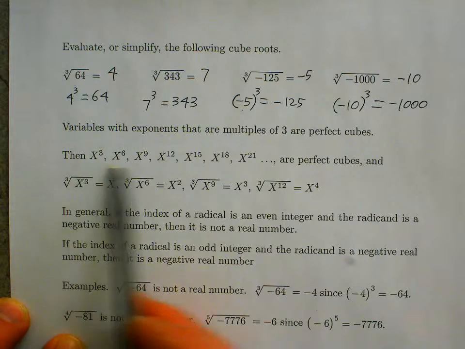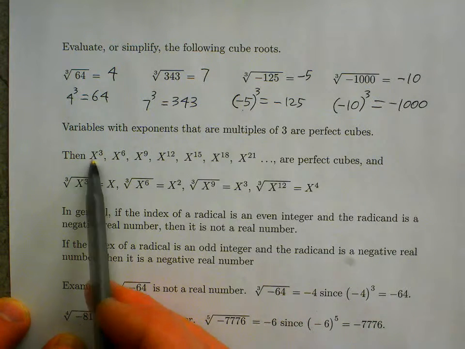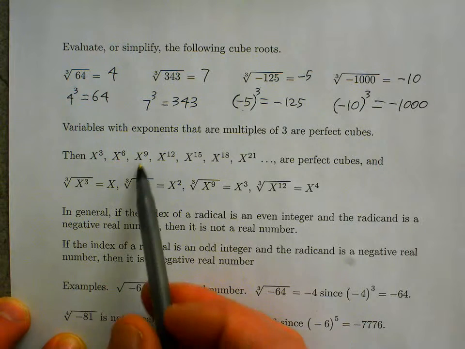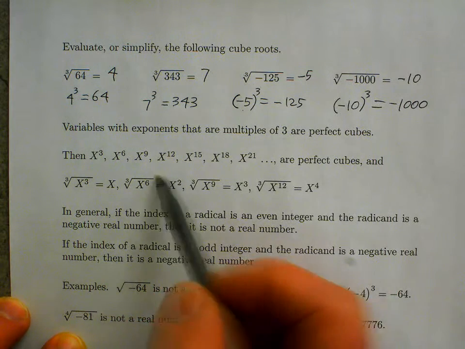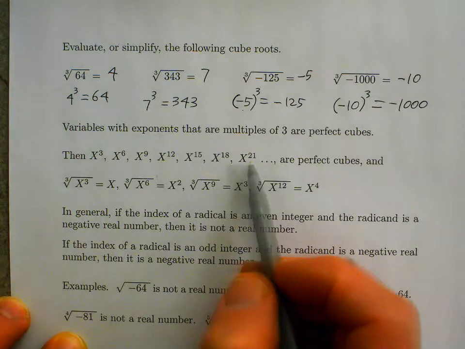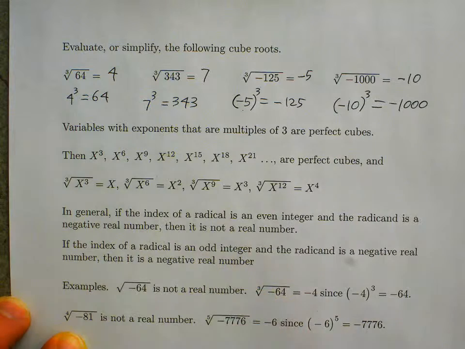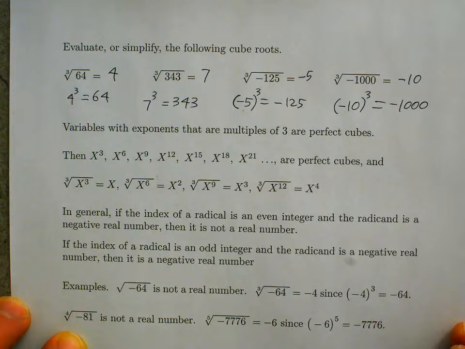Here are the first few perfect cubes: x to the third, x to the sixth, x to the ninth, x to the 12th, x to the 15th, x to the 18th, x to the 21st. Each one of those exponents is a multiple of 3, so they are treated as perfect cubes.